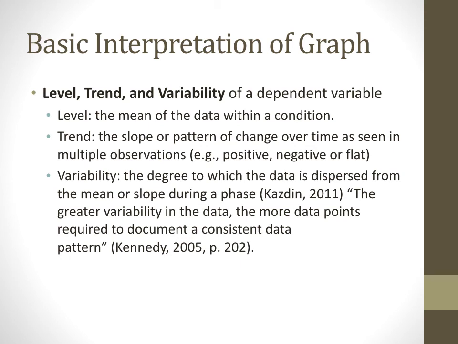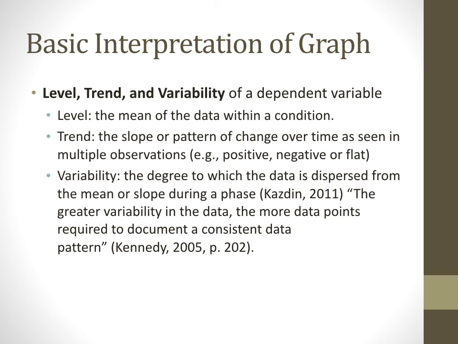So when you interpret your graph, you need to consider 3 things: level, trend, variability. Level is the mean of data within a condition. So you will get the mean of baseline and the mean of intervention and you can compare. Trend is a slope or pattern of change over time. You can say positive trends, negative trends, or flat trends.